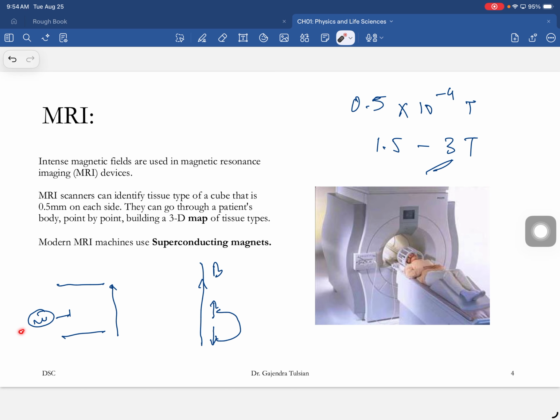So when you send this photon, the photon has to have an energy exactly equal to the energy difference between these two levels. Only those guys can absorb that photon. And this energy difference, delta E, again, don't worry about any of the equations, depends on the magnetic field strength.